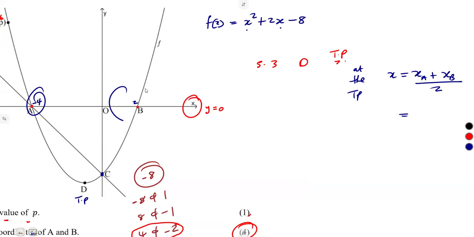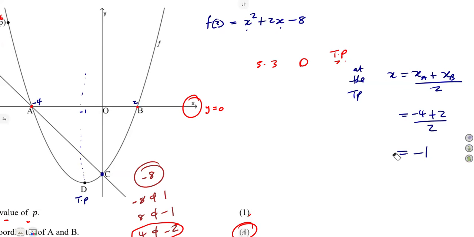So minus 4 plus 2 over 2, and that is going to give us negative 2 over 2, which is negative 1. So for that D that we are referring to, the x value corresponding there is negative 1.